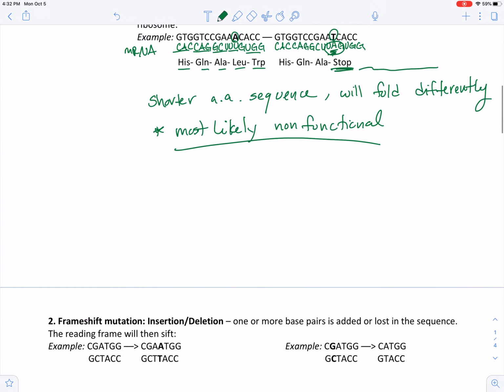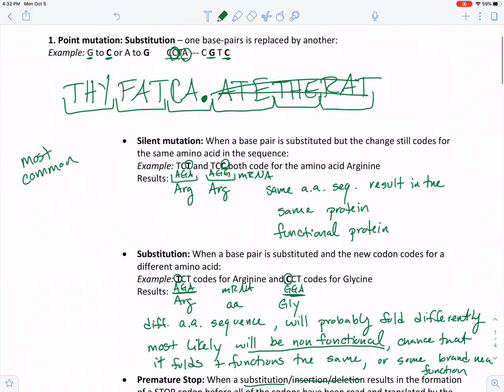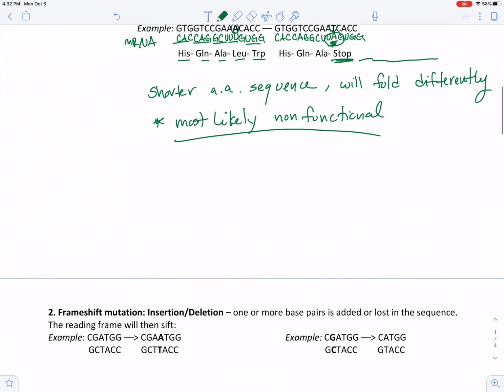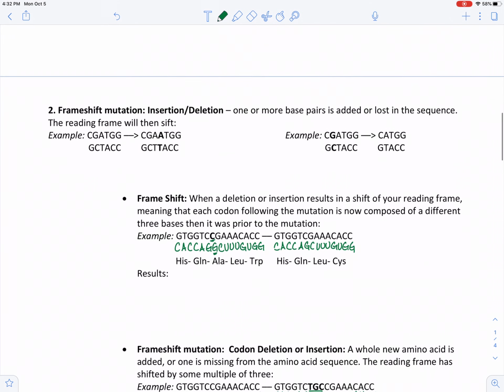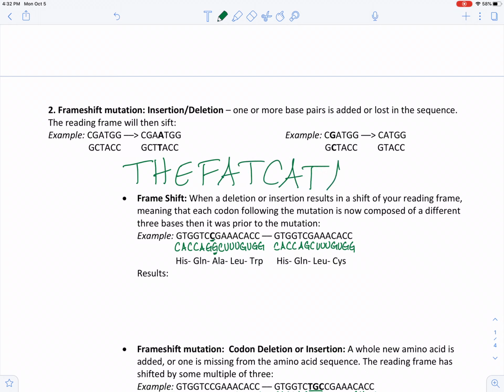All right, so those are all point mutations and things that can happen if you have a substitution or a point mutation that occurs. The next type of mutations we're going to talk about are frame shift mutations, and these shift what we call our reading frame. So again, we read every 3 letters, the fat cat ate, oh, that's an E, the rat.